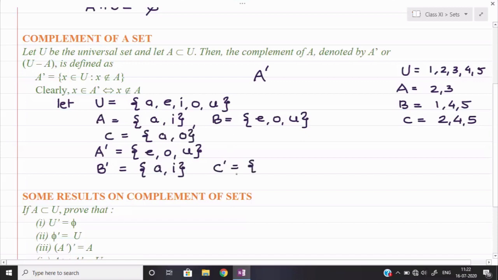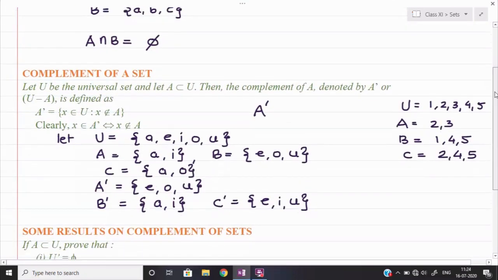Now for C dash, A and O I will delete from U, so the remaining are E, I and U. So these are the elements of C dash.